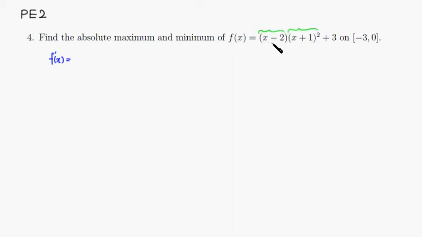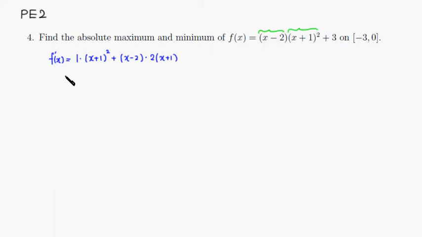Derivative of the first guy is 1 times the second guy, which is the quantity x plus 1 squared, then plus the first guy, quantity x minus 2, multiplied by the derivative of the second guy, which is 2 times quantity x plus 1, subtract 1 from the power, it's 1, multiplied by the derivative inside, which is 1. Then the derivative of 3 is 0, so it goes away.